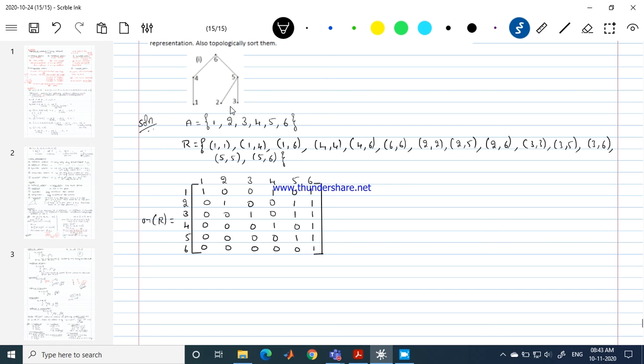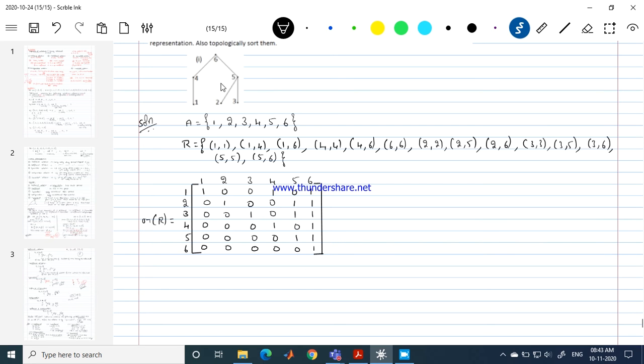A Hasse diagram speaks about a relation which is reflexive, antisymmetric and transitive. So those properties are supposed to be taken care of. In a few papers I also saw that they missed (2, 6), because there is no edge from 2 to 6. We do not have it explicitly, but we know it is present implicitly because of the transitive property.